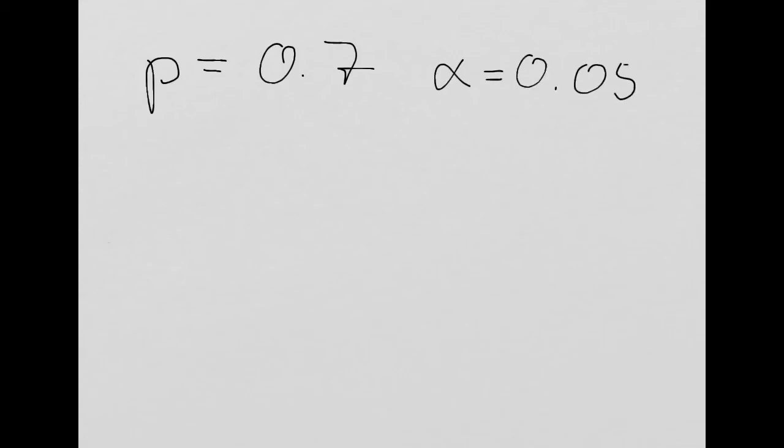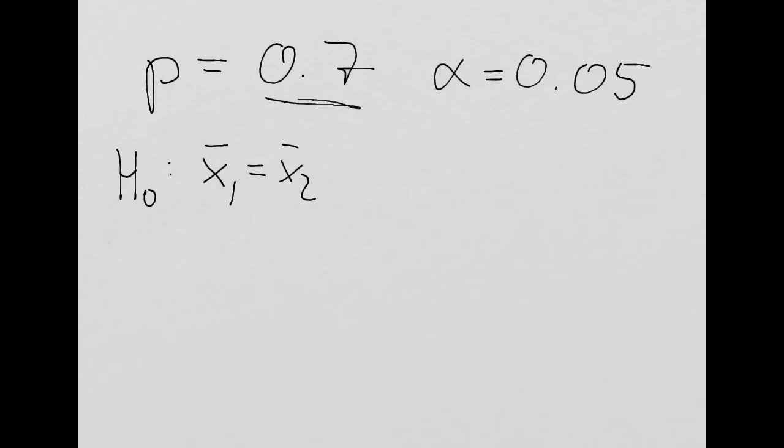So, for example, I give you a p-value. P-value is 0.7. And I want my confidence level, my alpha is 5%, so that's 0.05. And my assumption was H naught: the two sample means are the same. What do I do with that?